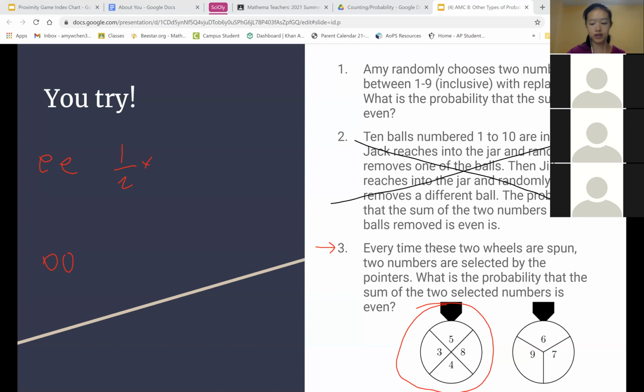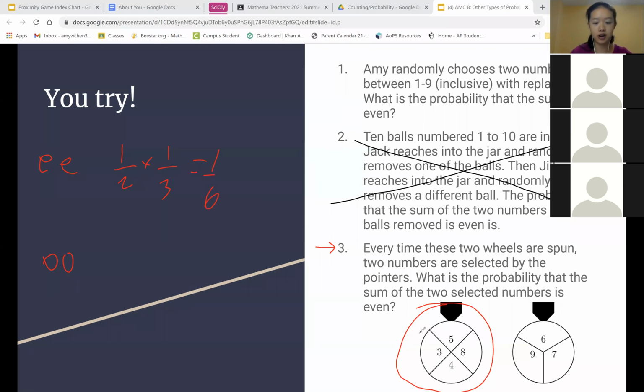So for the second spinner here, what's the probability that you also get an even number there? This would just be 1/3 because 6 is the only even number here. And then you can just multiply out, that's 1/6.